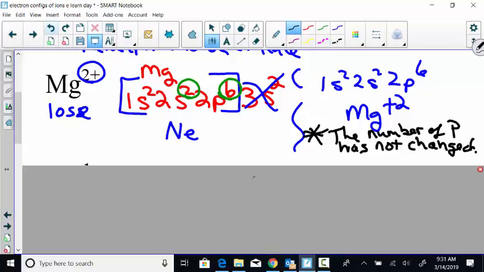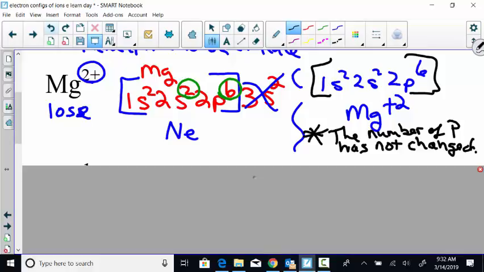And this goes back to when we talked about protons being what actually determine the type of element. And since protons don't change, it still remains magnesium, even though in its electron configuration it looks like neon. So it's happy.